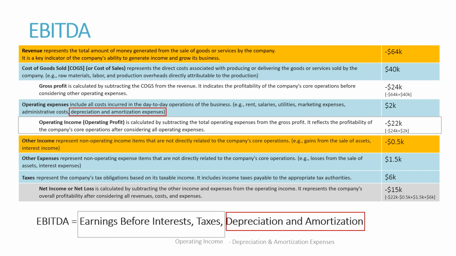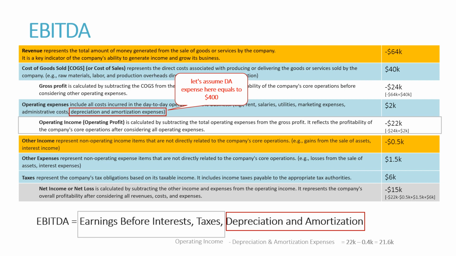Typically, these are part of operating expenses or OpEx. You should know the exact portion of operating expenditures related to depreciation and amortization. In this example, let's assume that depreciation and amortization together it's $400 out of $2,000.